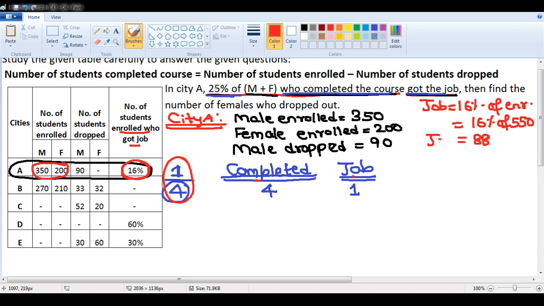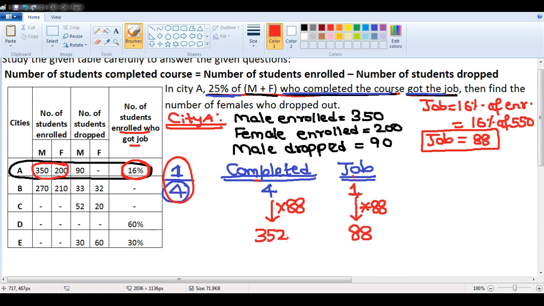That means total number of people who got the job according to the question is 88. According to the ratio it is 1. According to ratio 1, according to question 88. 1 into 88 is 88. 4 into 88 is 352. That means totally 352 people completed the course, right? Totally 352 people completed the course.